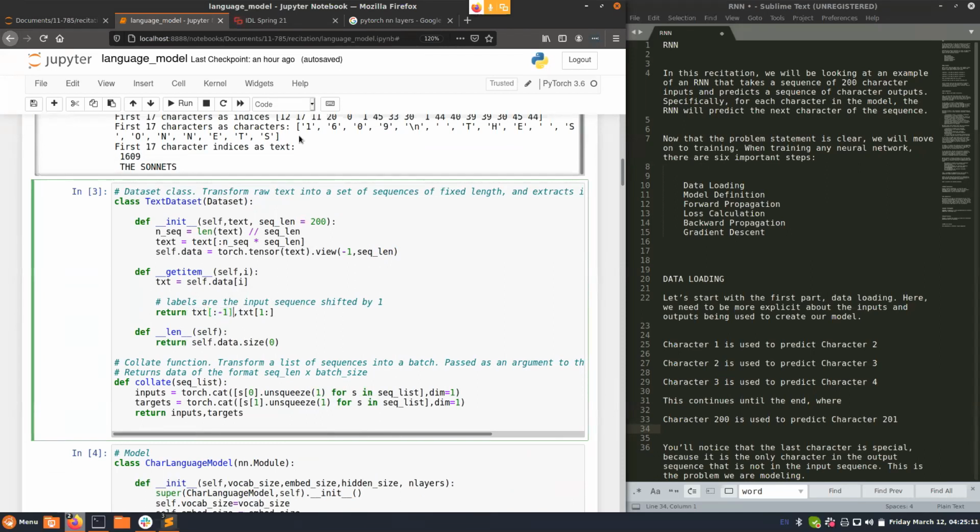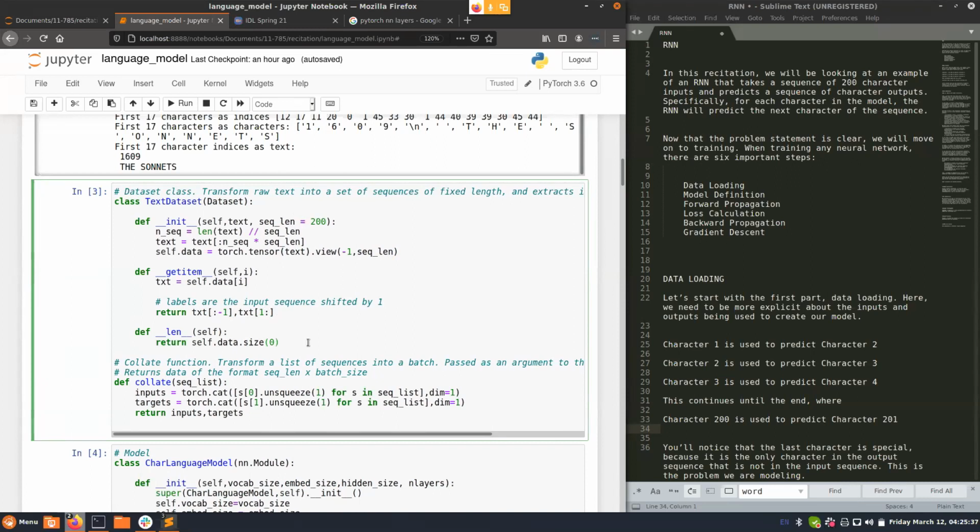Because we start at the first character and go all the way until right before the end. And for the outputs, we start at the second character, right? Because we use the first character to predict the second character.